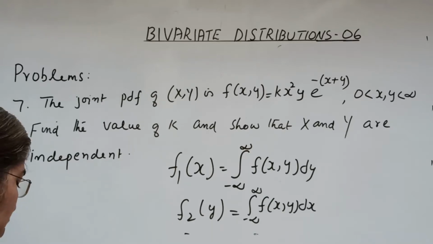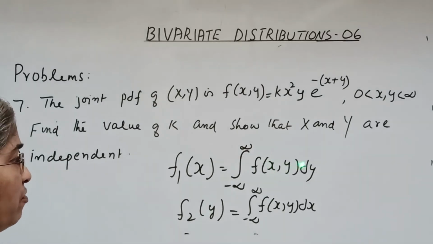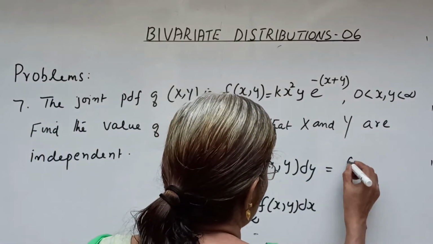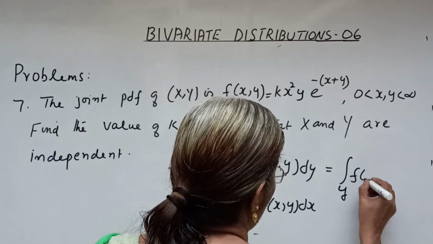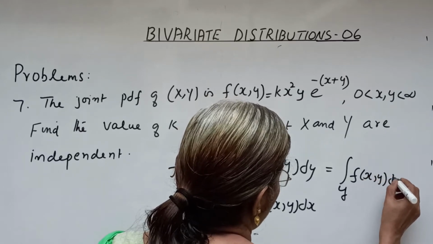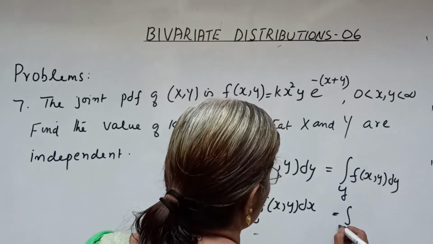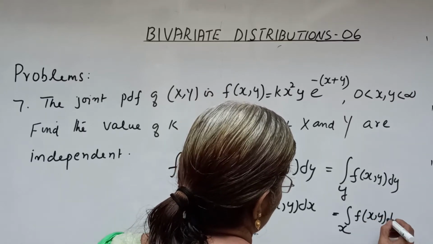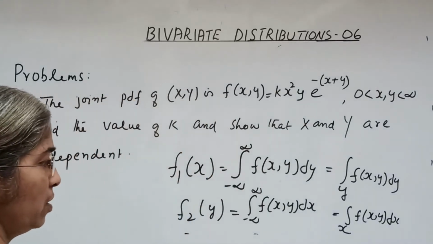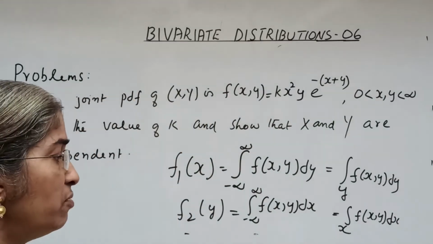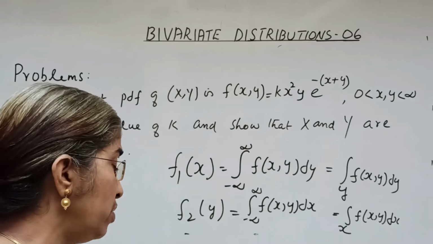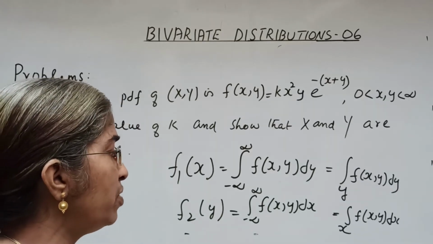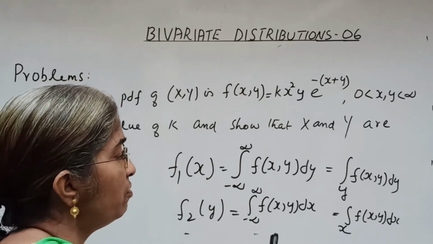Integral minus infinity to infinity f(x,y) dy is the integral over y of f(x,y) dy, and this other function is the integral over x of f(x,y) dx.